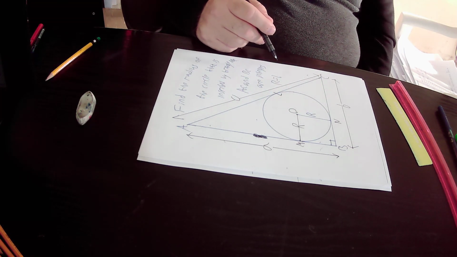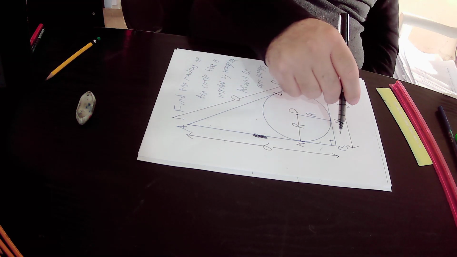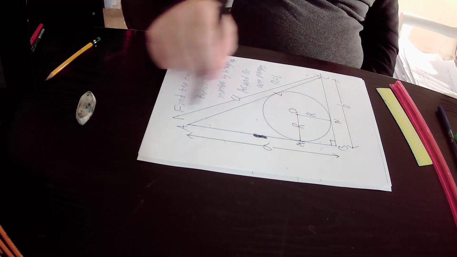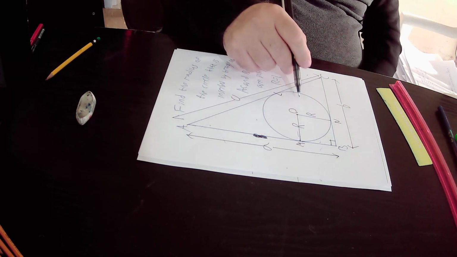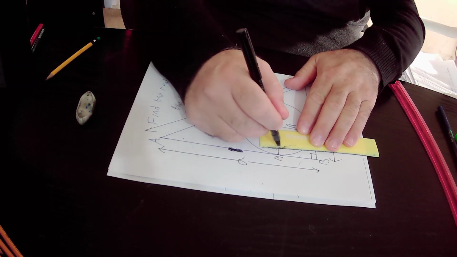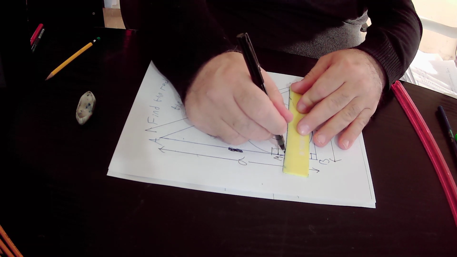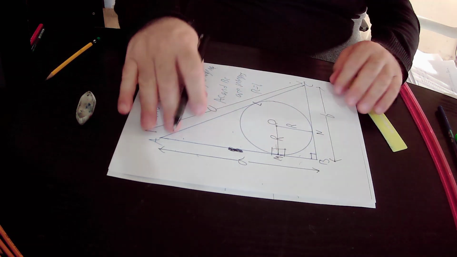And whenever we have a radius drawn to the point of tangency, then according to rule number 1, tangent AB will be perpendicular to the radius MO. So if AB is perpendicular to MO, it means that this angle equals 90 degrees, and this angle will also equal 90 degrees according to rule number 1.